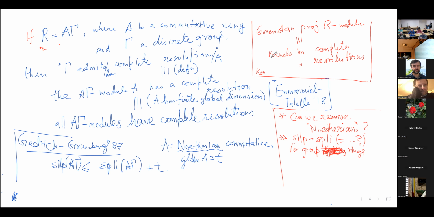It can be kernels of maps between projectives. Ah, I've got it now. Okay, so this was my original confusion. Thank you so much. Yes, now I understand it. I'm looking at kernels in totally acyclic complexes.